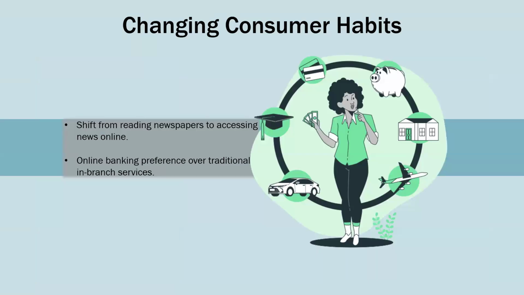Now let's delve a bit deeper into why we have to understand information management, and why we are doing this module. There are what we call changing consumer habits, right? Most things are now shifting online.